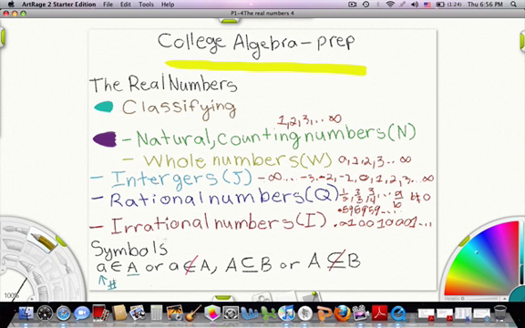Let's look at an example. Let's say negative 2 is in the member set of integers, which is denoted by the letter J. These questions are generally true or false, so they'll say negative 2 is in the member set of integers, which is denoted by J. And if you recall, negative 2 is in the member set of integers.